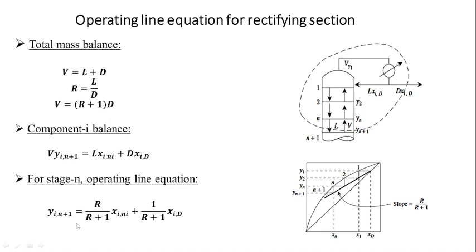From here we can see that this is in the format of y equal to mx plus c, where m is the slope. Here the slope is R by R plus 1 and the intercept is xD by R plus 1. So a line with slope R by R plus 1 and intercept xD by R plus 1 is drawn from point xD to obtain the operating line of the rectifying section.